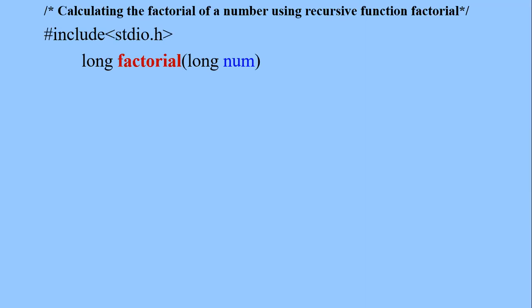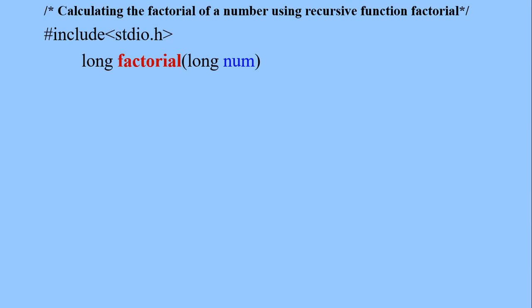Our function is called Factorio. This function is supposed to return a value to the main function or the caller, and that value is supposed to be of type long. And it is receiving one parameter, and that parameter is num.